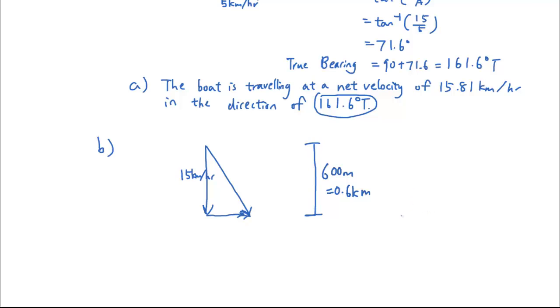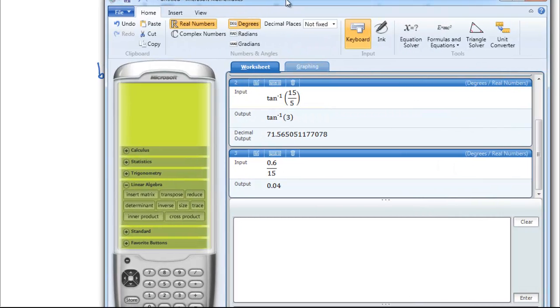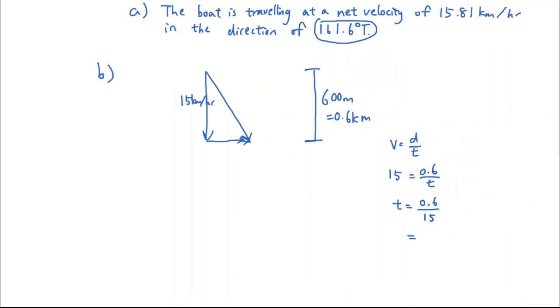So the answer is going to be velocity equals distance over time. Velocity is 15. Distance is 0.6. We don't know what t is. So t is equal to 0.6 over 15. And the answer, according to the Microsoft Mathematics calculator, is 0.04 hours, because speed is measured in kilometers per hour and the 0.6 is measured in kilometers, so t is in hours.